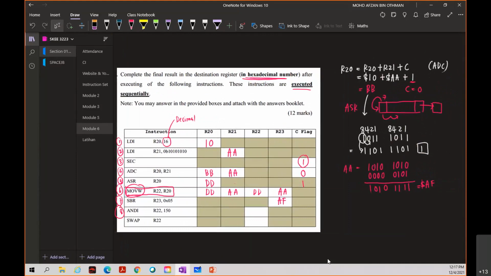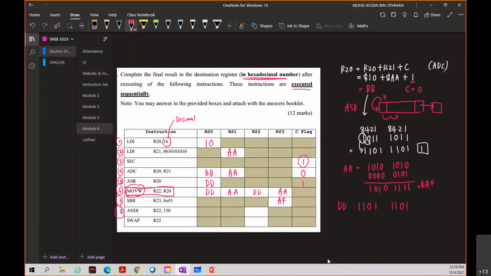You're going to do the logical AND between R22 and the immediate data 150. What is the current value of R22? You have DD here, so R22 is DD. DD is 1101 1101.